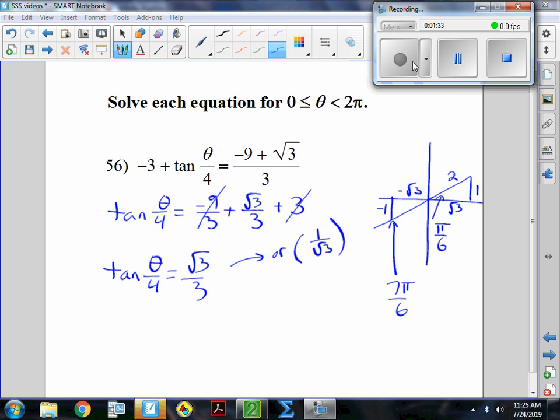We have a tangent of theta divided by 4, which means that what we normally would see from 0 to 2 pi, we're only going to see a fourth of that. So normally, when we graph just a normal tangent parent graph, we go from negative pi over 2 to pi over 2. Tangent has a period of pi.